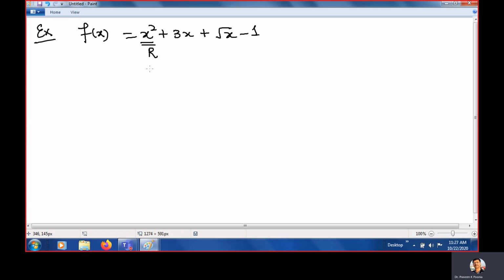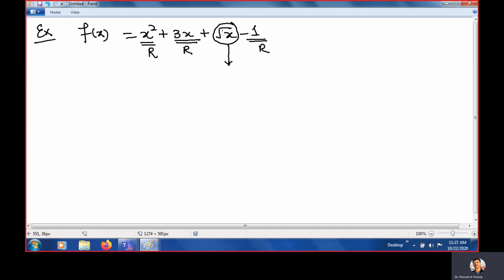Radical function means domain is R. This is, I'm sorry, this is a polynomial function, so domain is R. This is also a polynomial function, domain is R. This is a constant function, domain is R. Only the domain changes here. Clear? So whatever the domain here, we are not concerned. We need to be concerned with the domain of this function only. That we will learn in algebra of functions. I will explain it to you, but this question just came to my mind, so I am explaining.